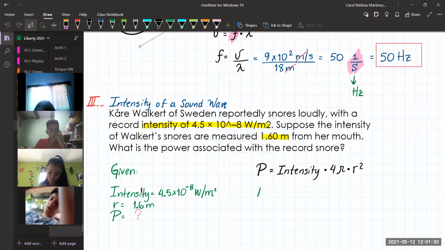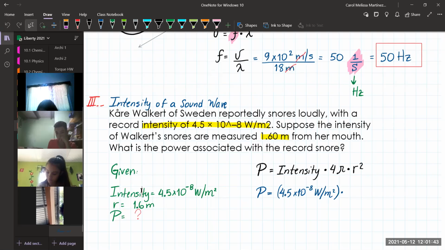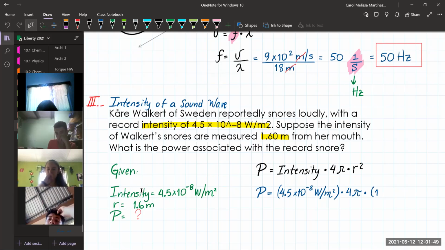We say power is going to be equal to 4.5 times 10 to the negative 8th power watts over square meters times 4 pi times r, which is 1.6 meters, to the second power.